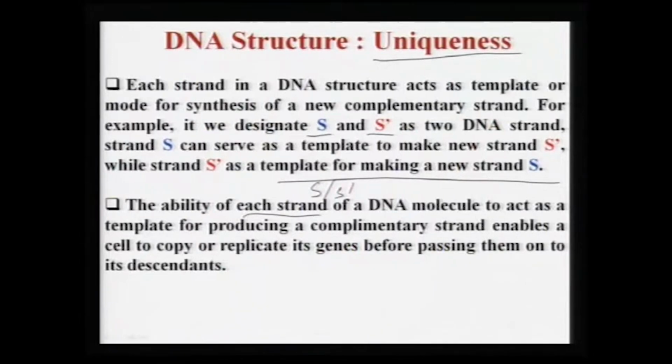So, gene replication or copying is possible simply because S can produce S prime, S prime can produce S, and secondly because between A and T and G and C there are weak hydrogen bonds which can be broken if it is desired. Okay.